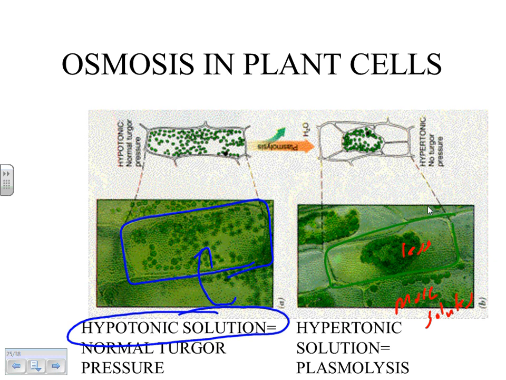So these cells begin to shrivel. Now notice, the wall doesn't shrivel, but all the inside contents do. This process that happens in plants or any cell that has a wall when it's placed in a hypertonic solution is called plasmolysis. The cell shrinks away and shrivels away from the wall.